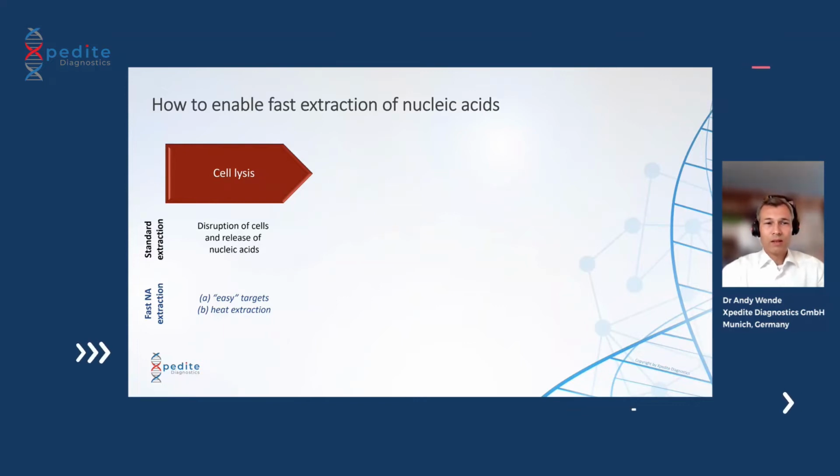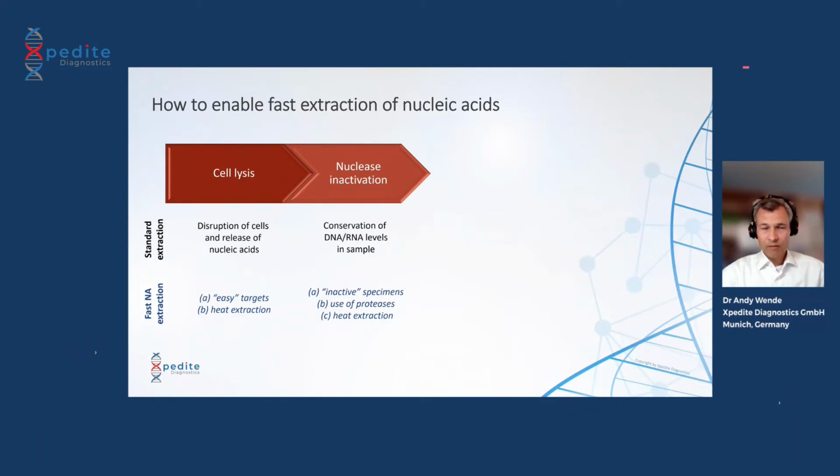And by the way, how fast extraction is done, you also cannot apply the chemical methods mostly, at least not adding alcohol and not adding chaotropic salts, because once you introduce those chemicals into the extraction process, you mostly can't get rid of them anymore, and they will for sure inhibit your PCR assay afterwards. That's why heat extraction is one of the easiest ways to also address not so easy targets like gram-positive bacteria or even fungi.